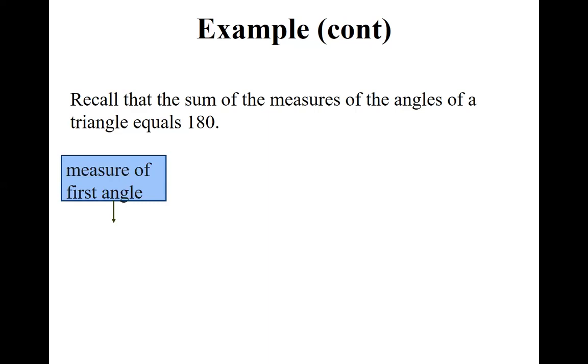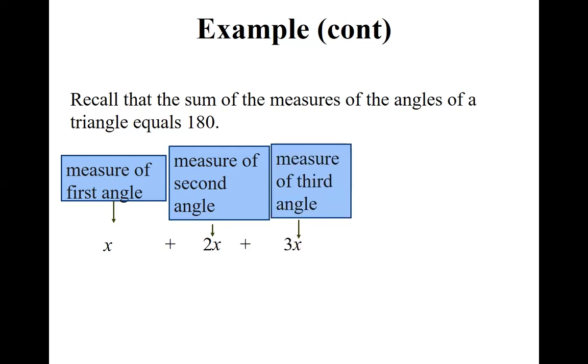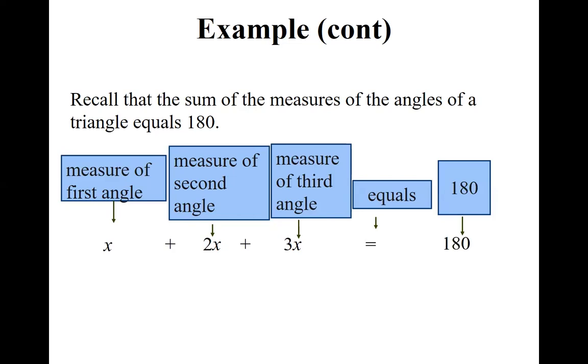So we have the measure of the first angle, that's x. We have the measure of the second angle, that's 2x. We have the measure of the third angle, that's 3x. And when we add those together, that's going to equal 180.